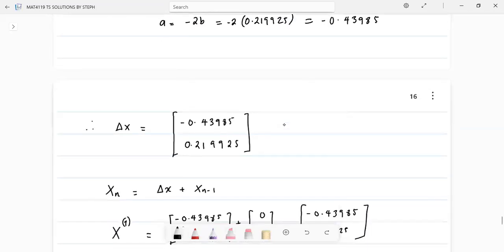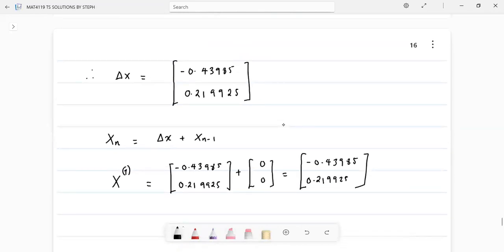Once you get that new delta x, you come back again. You're going to find the second iteration they want, which is the last one, of course. So it will be the previous approximation plus the delta x. What delta x you get after solving those steps will depend on what you have. So you're going to add the matrices.